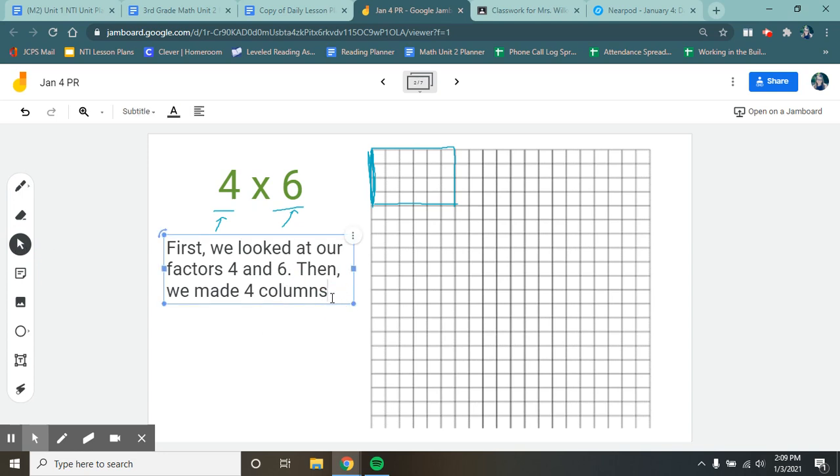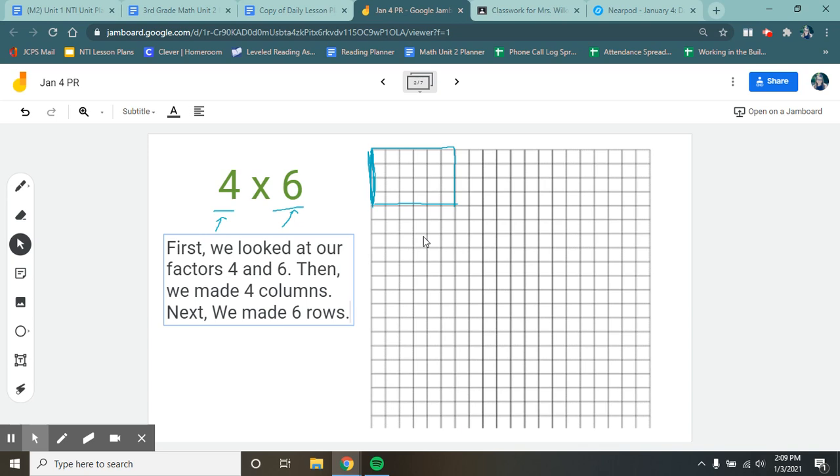So let's continue. After we made our 4 columns, what did we do after that? We made 6 rows. And remember, those rows are growing across the top of a rectangle.